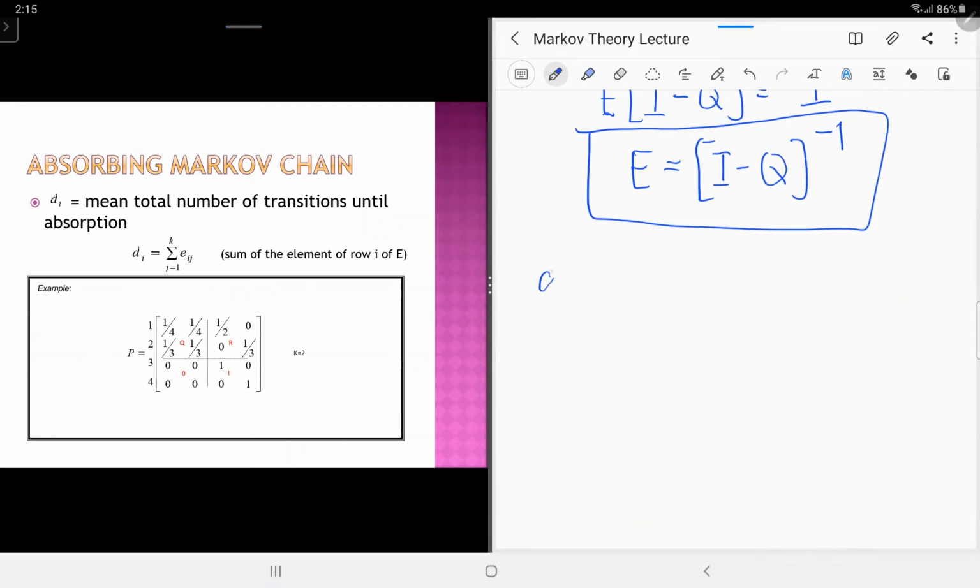Another one that we would have to solve for absorbing Markov chains is DI.